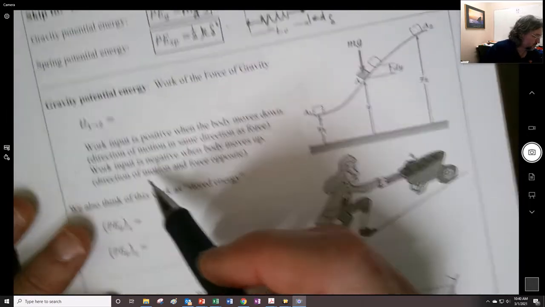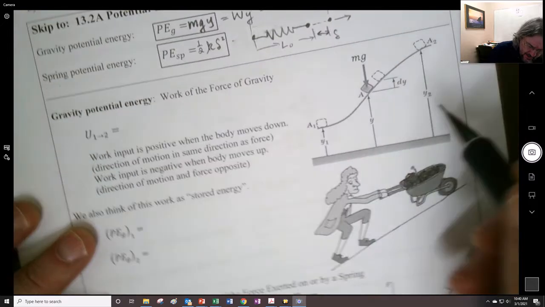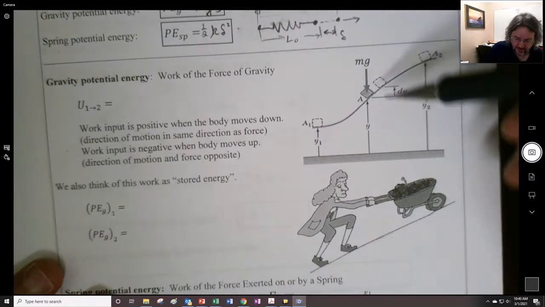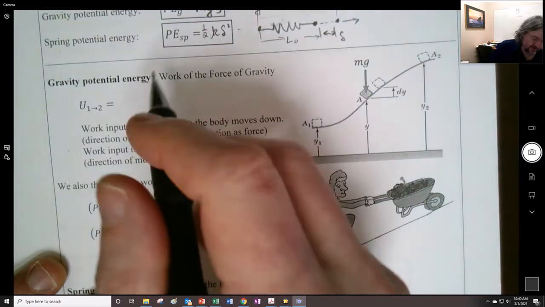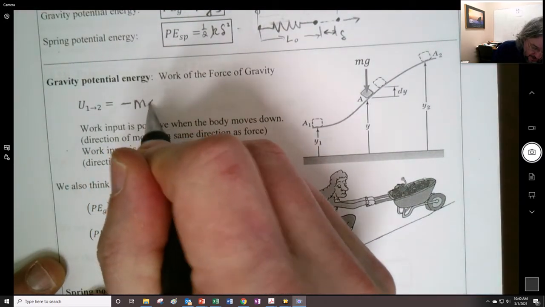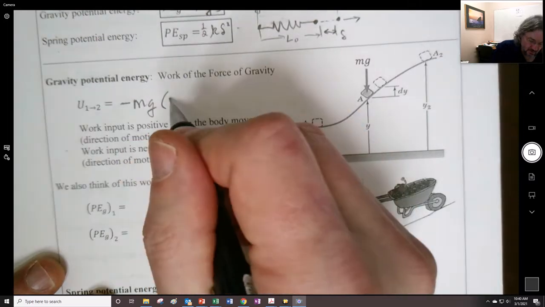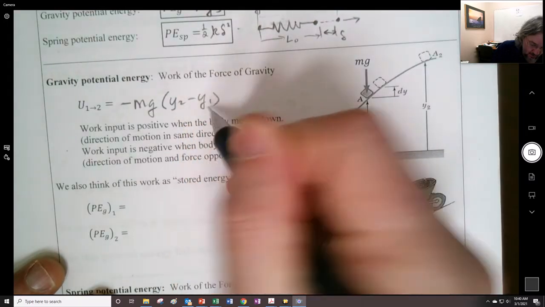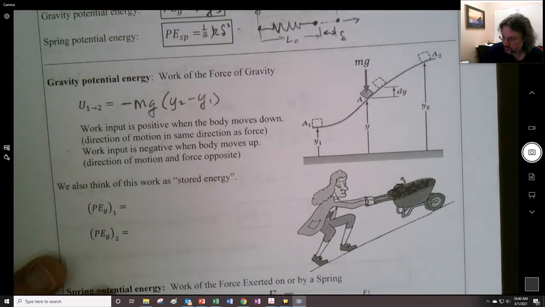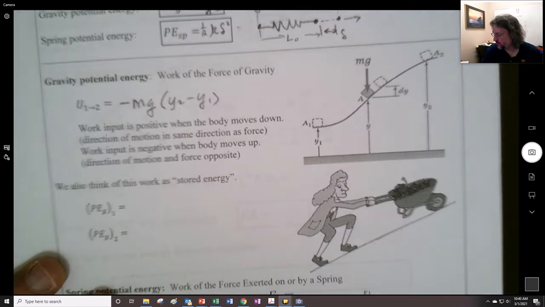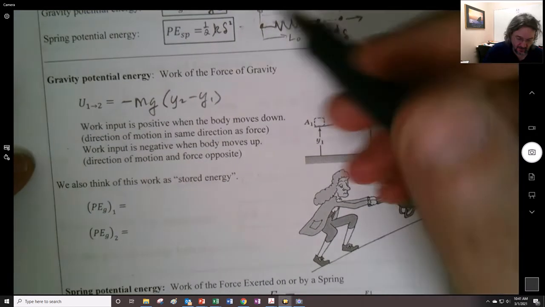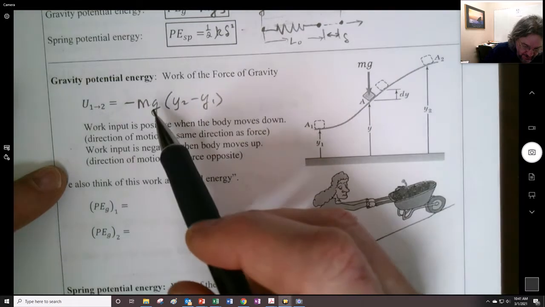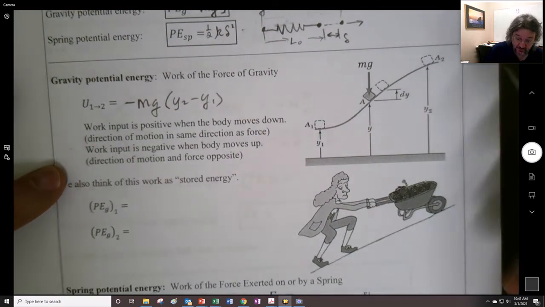For gravitational work, right here I try to make the point that the external work that we're placing through there could be mass times gravity times y2 minus y1. That's happening to us, right? So we have external work that's taking place or being drawn out of the system.